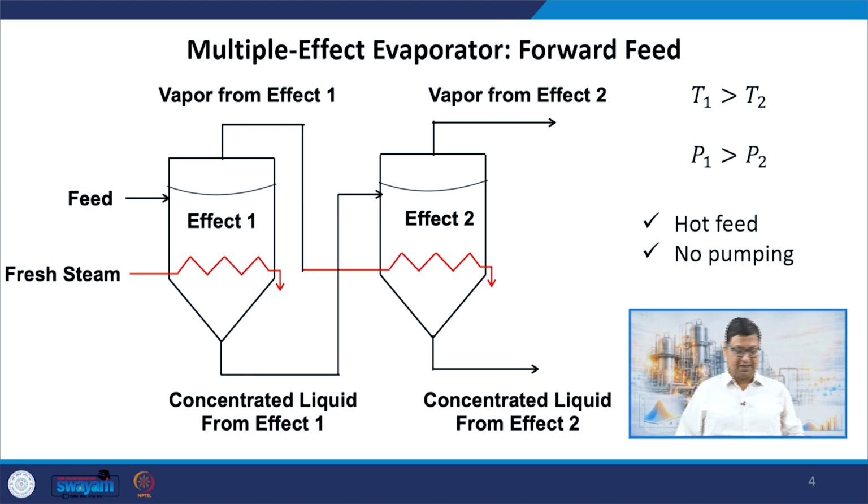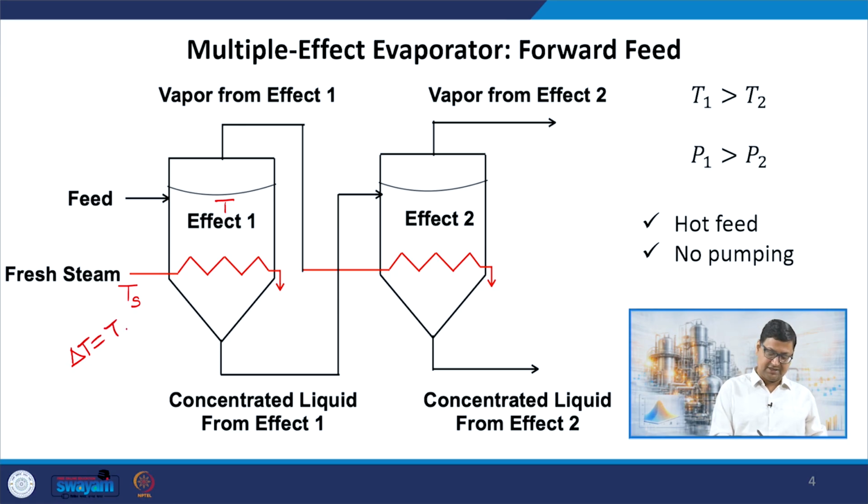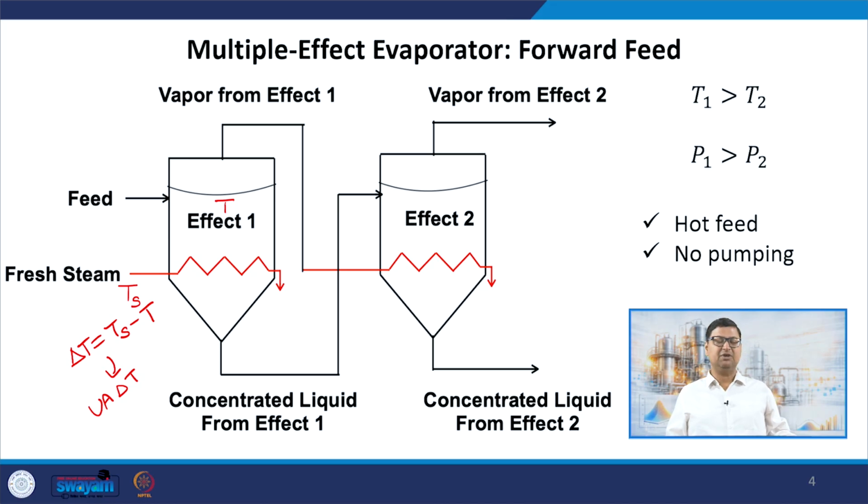The reason being that we had earlier some temperature Ts of the fresh steam and some temperature T of the effect 1, the operating temperature of the liquid, and we had therefore a delta T difference Ts minus T, which pretty much provided the energy UA delta T to the liquid here, that pretty much was able to evaporate the liquid in the effect, right?